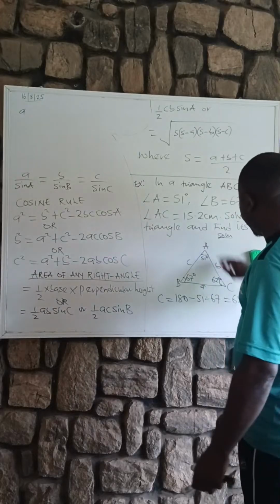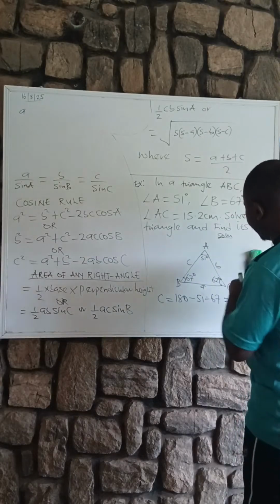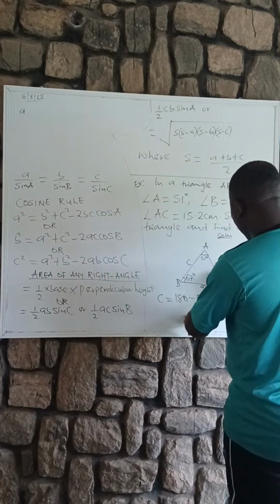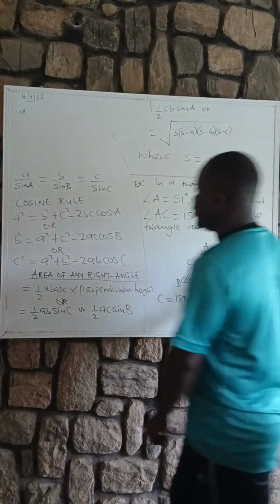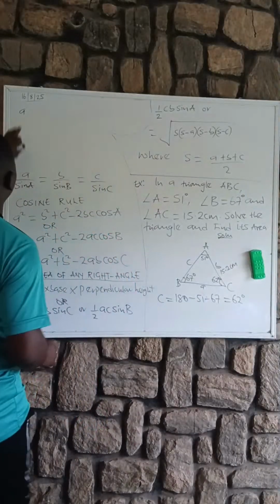It means here, AC is 15.2 cm. So it will be easier for us to obtain our a.